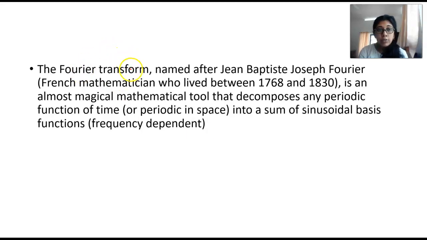So Fourier transform is named after Jean-Baptiste Joseph Fourier, a French mathematician who lived between 1768 and 1830. It is a magical mathematical tool that decomposes any periodic function, which is a function of time, into a sum of sinusoidal basis functions, which is frequency dependent.